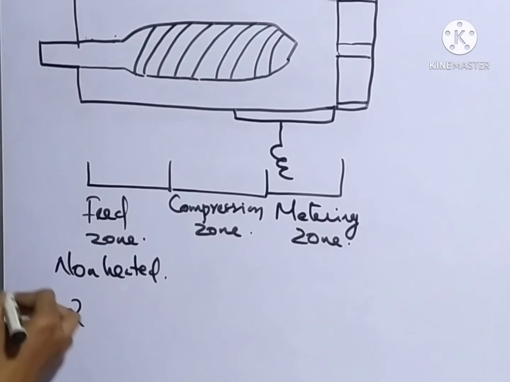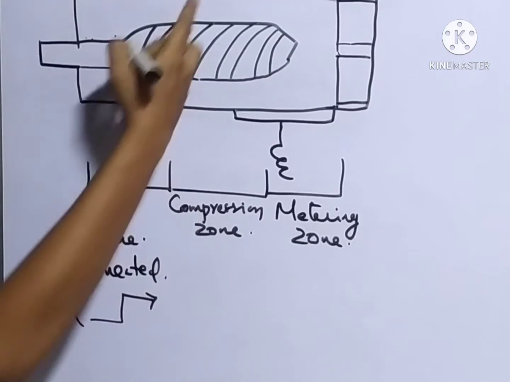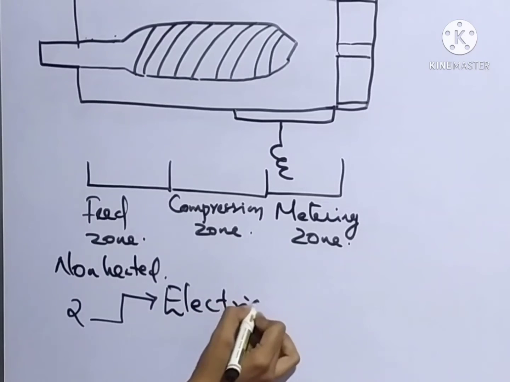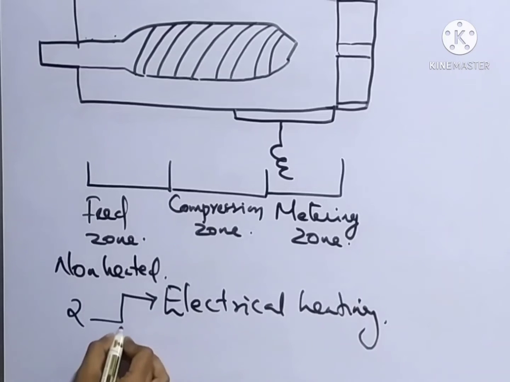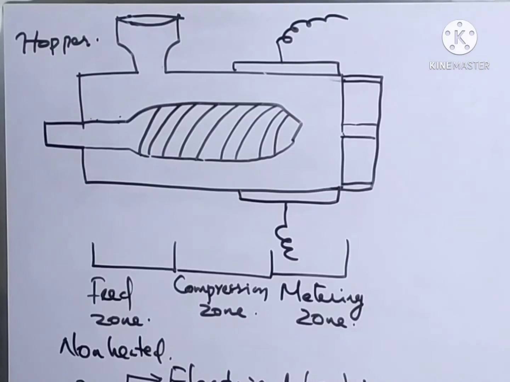So heating is by 2 ways. One is by electrical heating, and the next one is frictional heating. So the 2 types of heating processes occur in this technique.